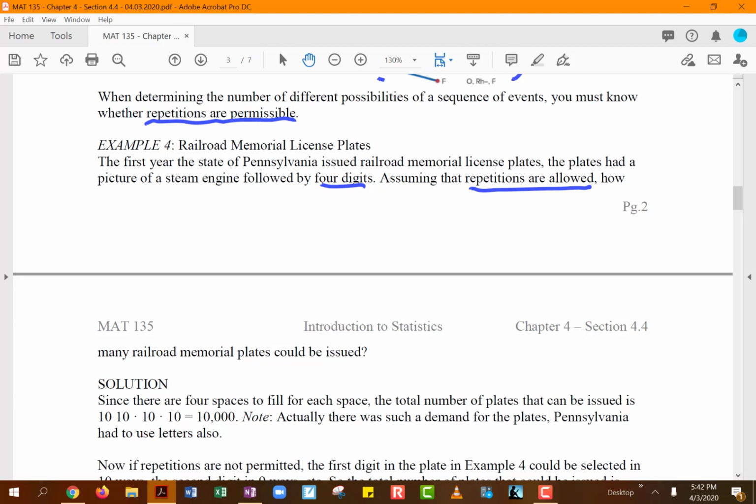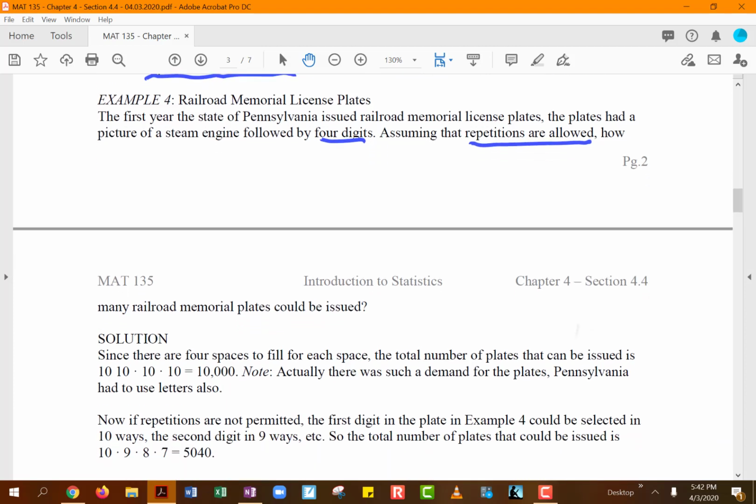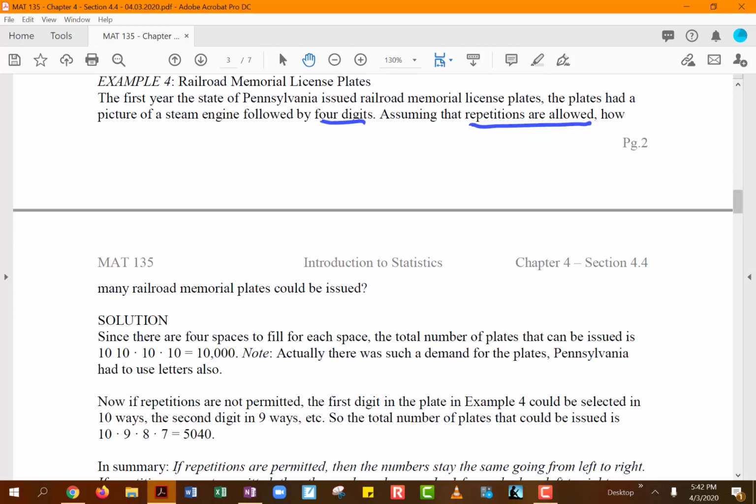So that means when you are trying to calculate these possibilities, we are talking about 4 digits. So that's going to be 4 spaces, right? And then for each space, you can basically have your numbers going from anywhere from 0 to 9, right?